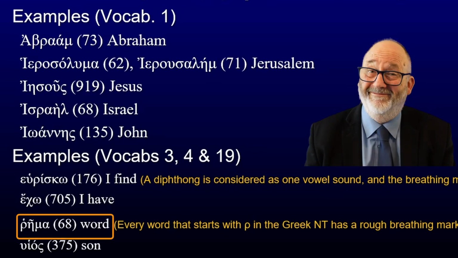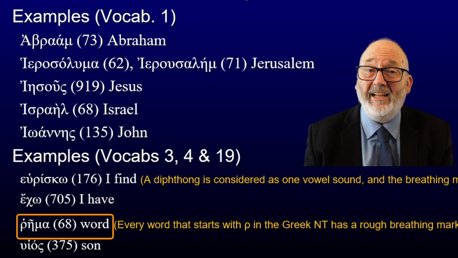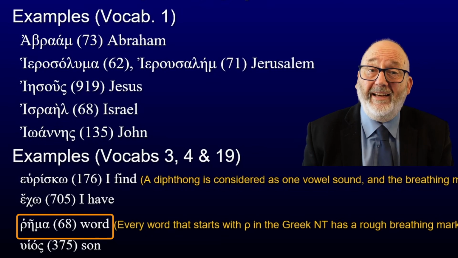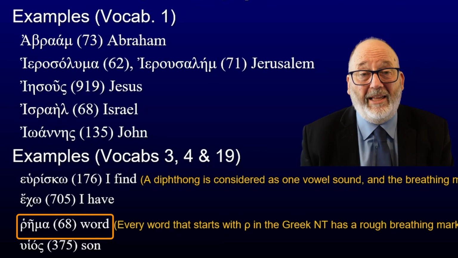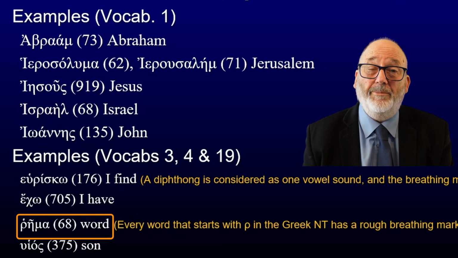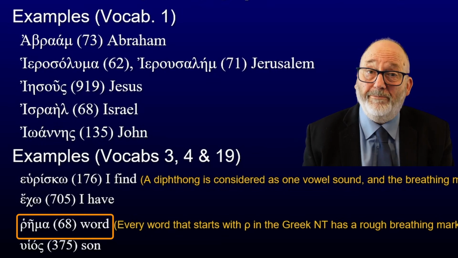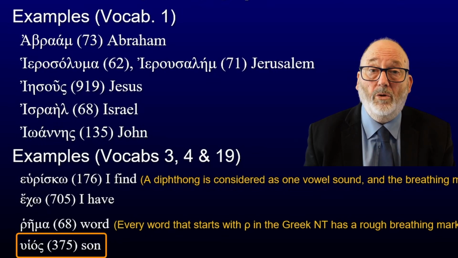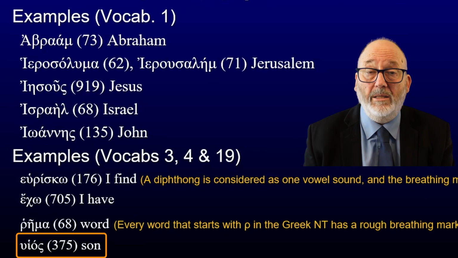Chrema, that's a challenge, isn't it? An h and an r sound together. Chrema. And an interesting bit of trivia. Every word in the New Testament that begins with rho has a rough breathing mark on it. And the last word there, huios. Huios. Again, it's a diphthong, and so the breathing mark is found on the second vowel.